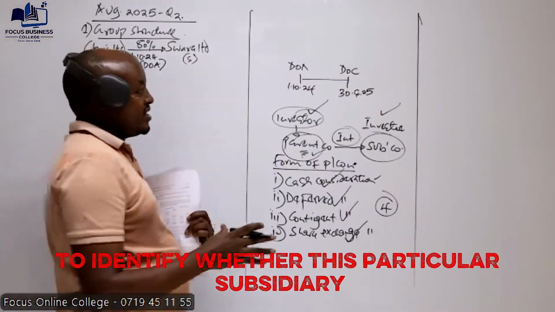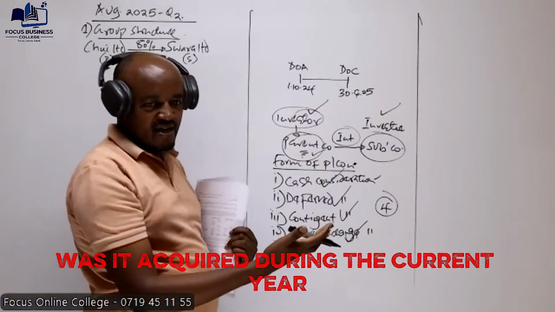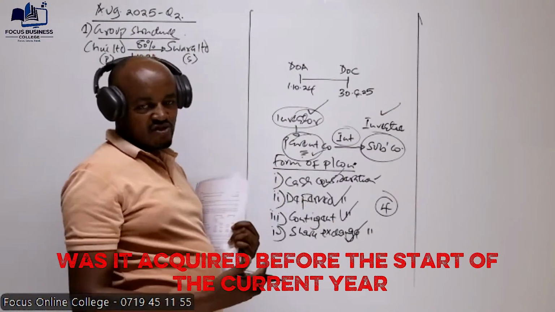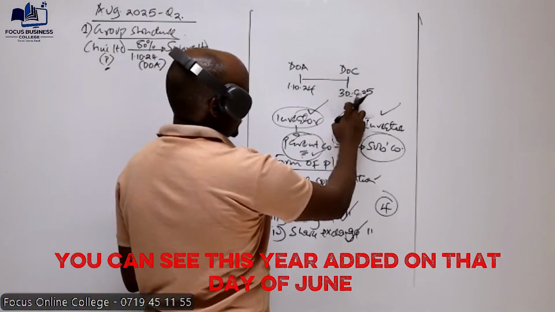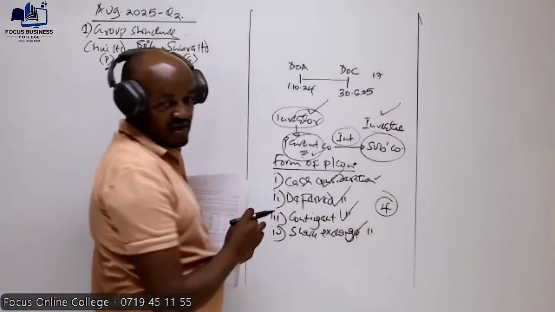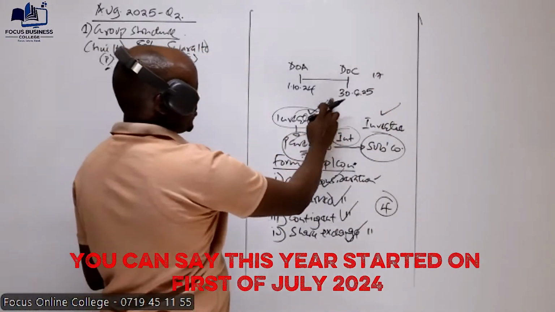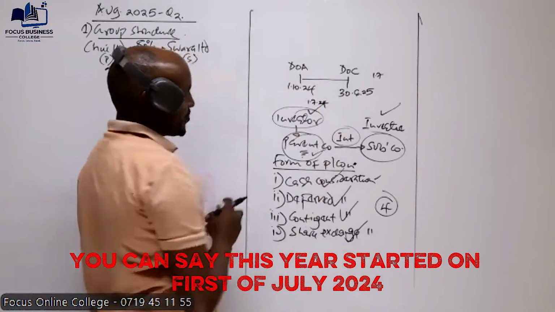Why is it important to have those 2 dates? It is to identify whether this subsidiary was acquired during the current year or before the start of the current year. This year ended on 30th of June, so the year started on 1st of July 2024.